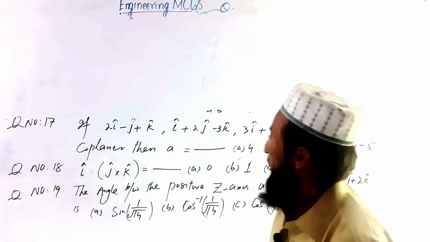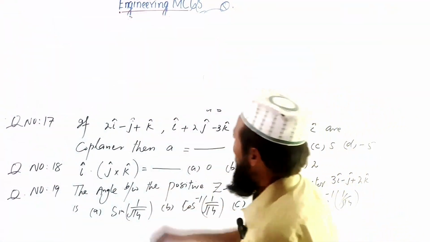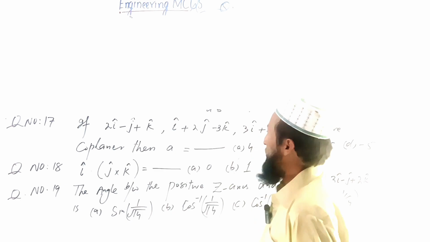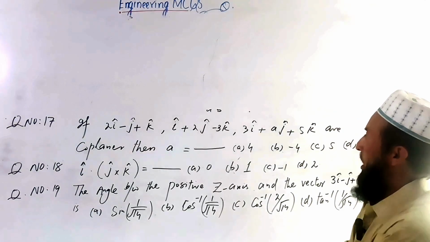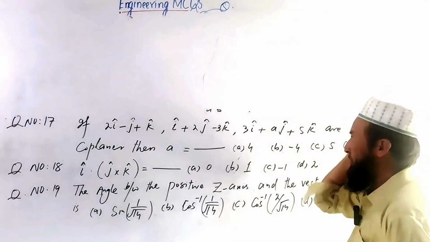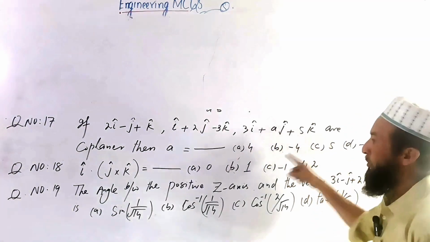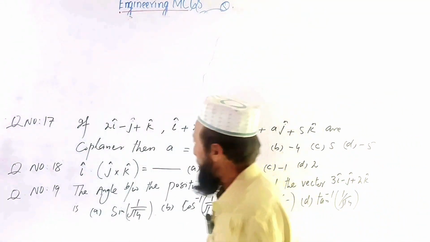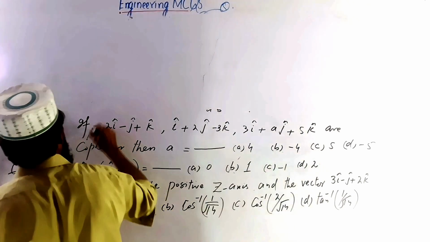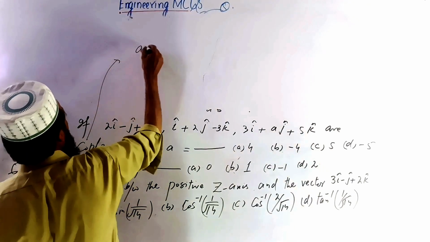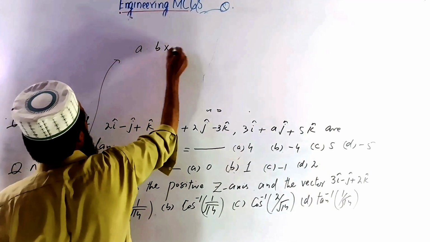Question number 17. If 2i minus j plus k, i plus 2j minus 3k, and 3i plus aj plus 5k are coplanar. According to the definition of coplanar, A dot B cross C is equal to 0.